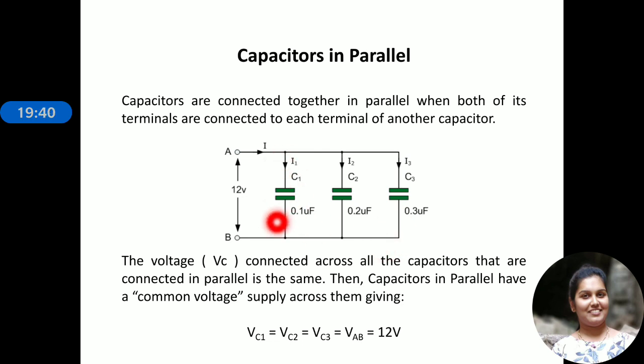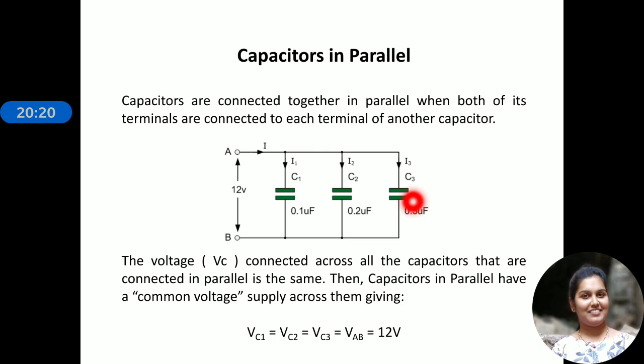So then what we can say is that the voltage across all the capacitors connected in parallel is the same. Here I am applying 12 volts to the terminals A and B. So the voltage VC across the capacitor is the same in all the capacitors, right? For series connection, the current is the same in all the capacitors, whereas for parallel connection, we observe the voltage to be the same.